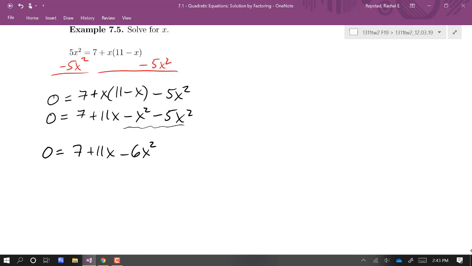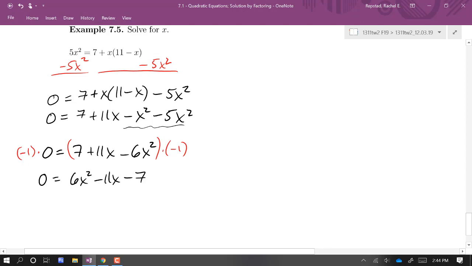It also helps me to factor when I start with the x squared term, so I'm going to rearrange the order of the terms on the right side. We get 0 equals 6x squared minus 11x minus 7.